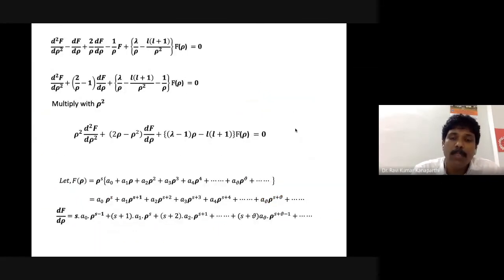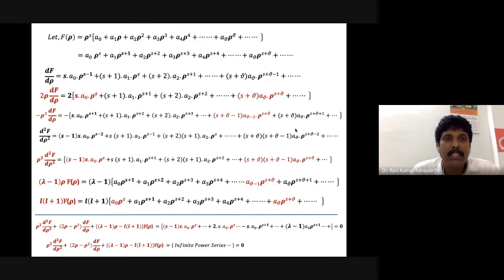f of rho may be thought of as an infinite power series. It is exactly similar to the previous cases which we discussed. f of rho may be expressed as an infinite power series like this: rho to the power s multiplied by (a naught plus a1 rho plus a2 rho square plus a3 rho cube plus and so on, a nu rho to the power nu).